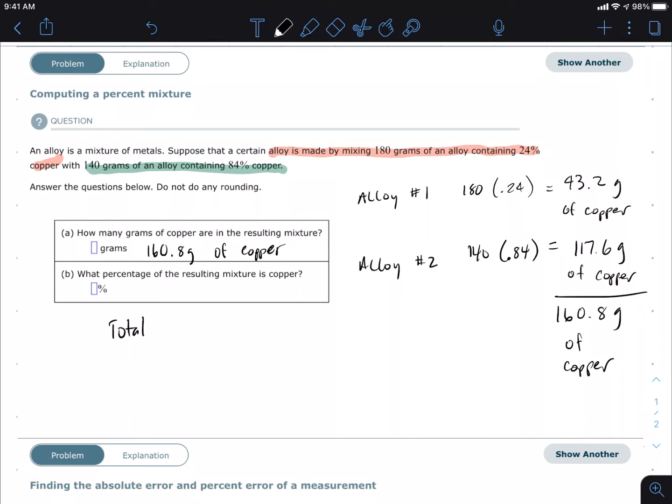So then when we want to find the percentage, now it's going to be the total amount of copper, right? Because that's what they're asking for, over the total amount of mixture.